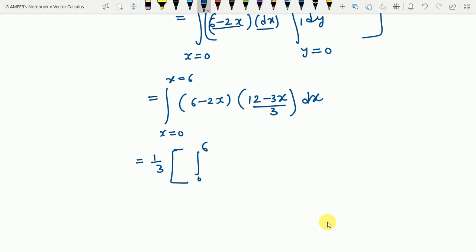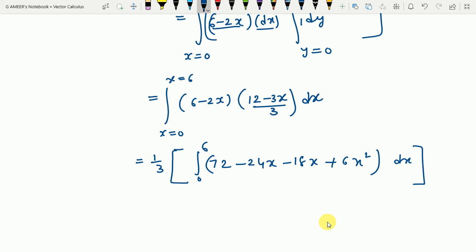So 12 into 6 is 72, the first term. Then 12 into 2 is 24, minus 24x minus 18x plus 6x square, integrated with respect to x. Now if you count how many x terms there are, minus 24 and minus 18 come to minus 42.